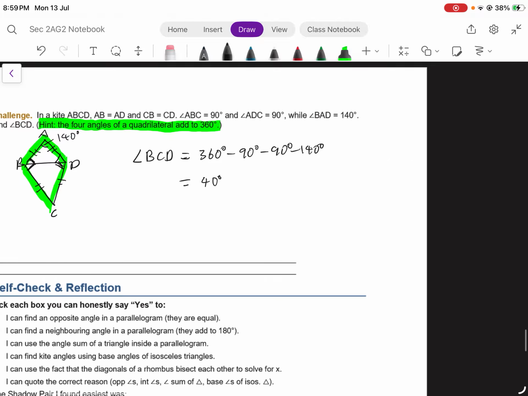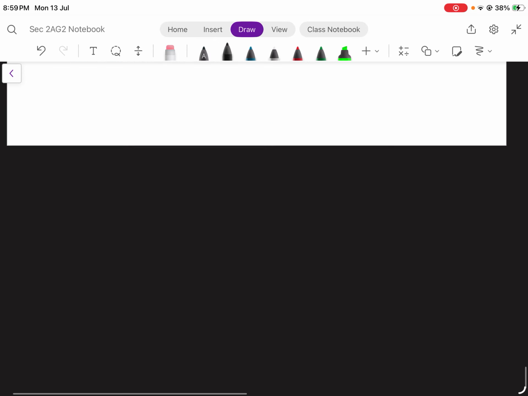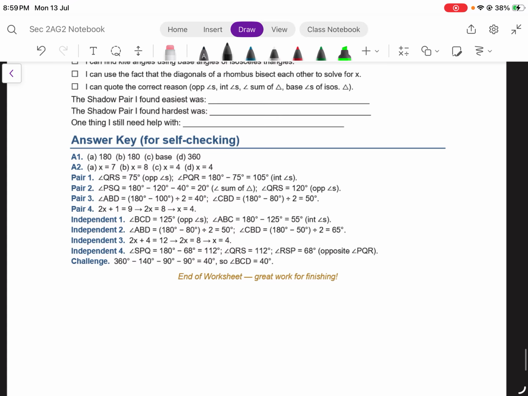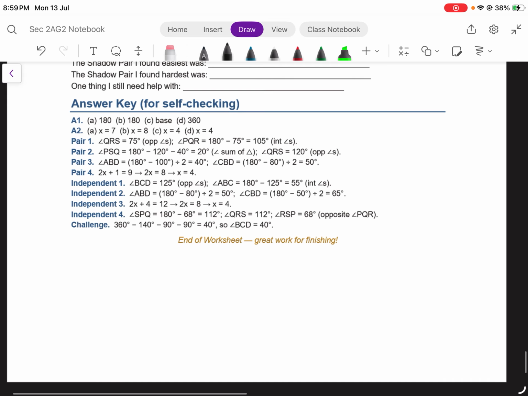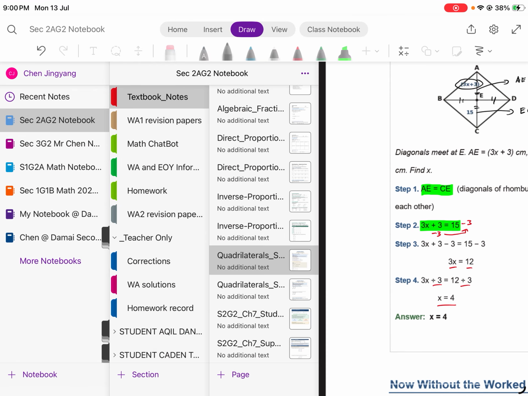Your reasoning is angles in a quadrilateral equal 360 degrees. Okay, can? Fill out the checklist, then you should be fine. You can also check your answer here.